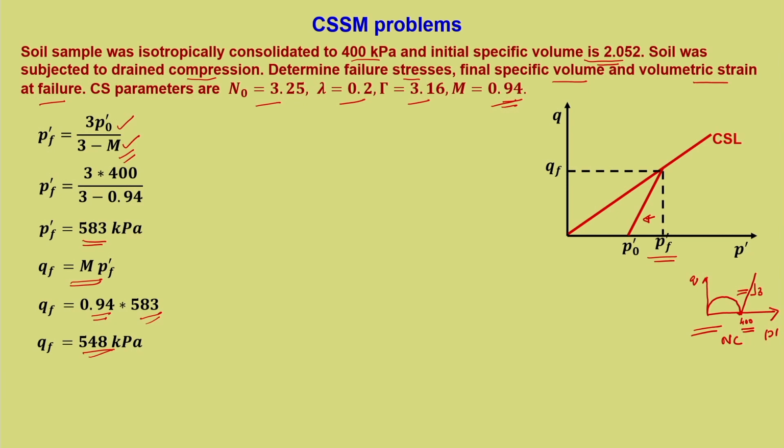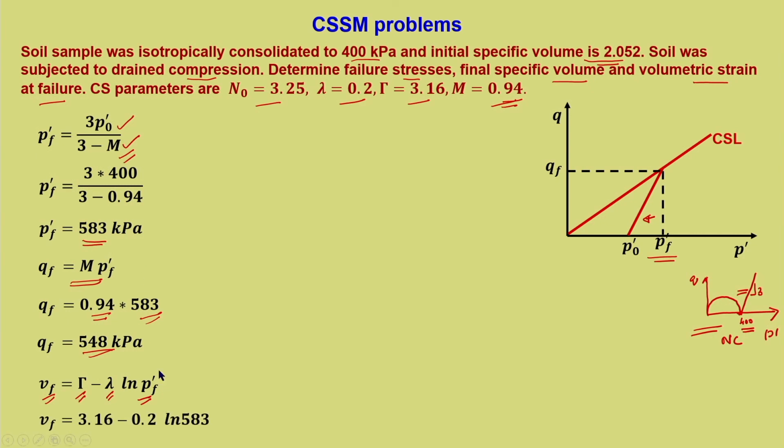Failure stresses can be obtained based on the critical state framework. Then we also have the relationship Vf is equal to gamma minus lambda ln P dash F. Vf is the final specific volume at failure. Gamma is given, lambda is given, P dash F we have already determined.